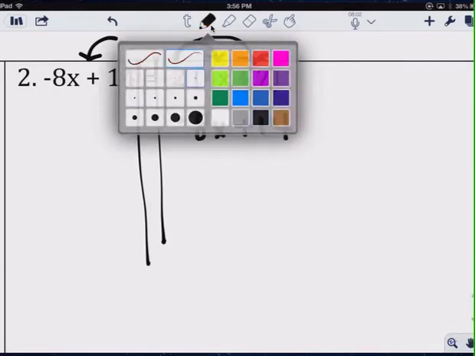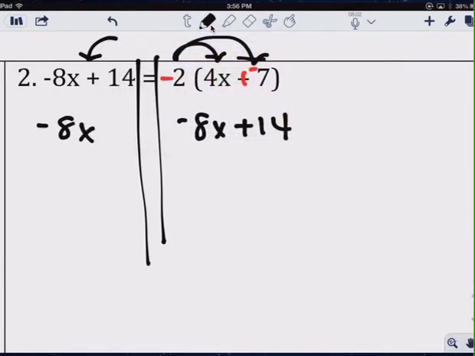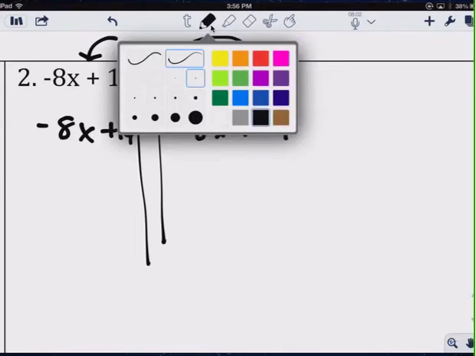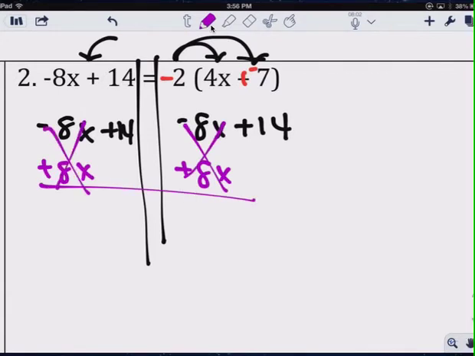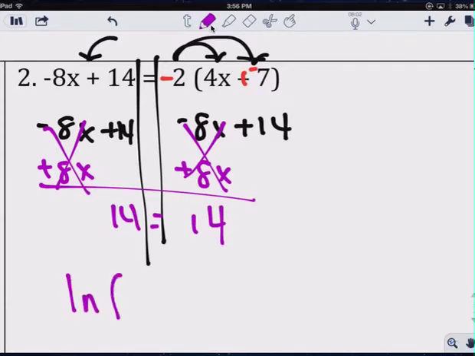And then you notice this is a negative 8x plus a 14. They're basically exactly the same. Let's prove they are infinitely many. 8x plus 8x. That gives you 14 equals 14. This is infinitely many solution.